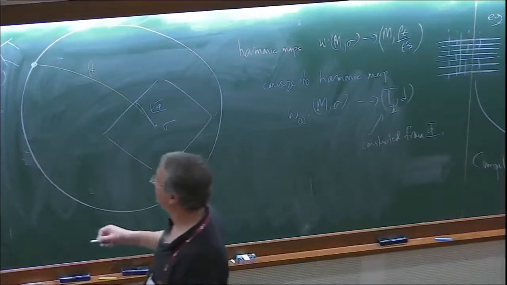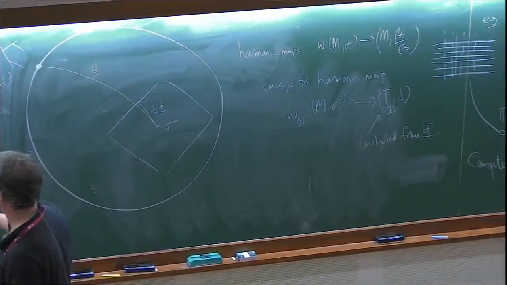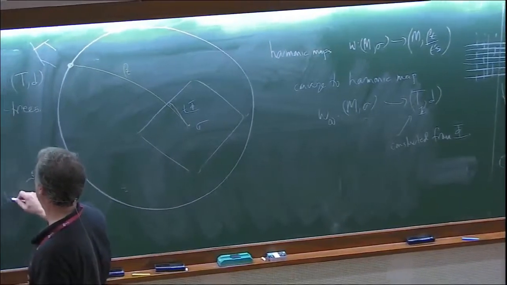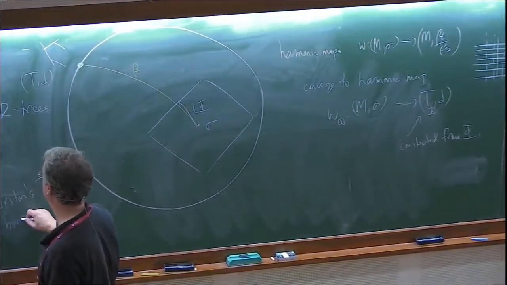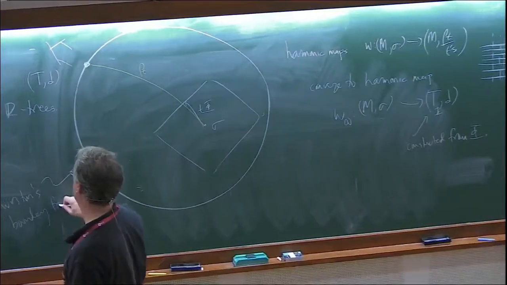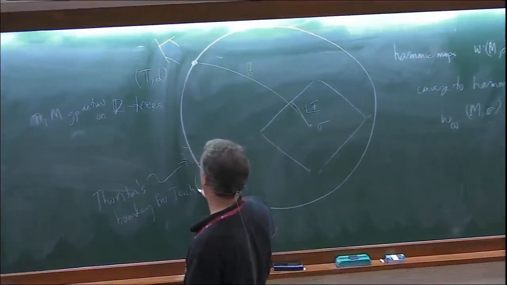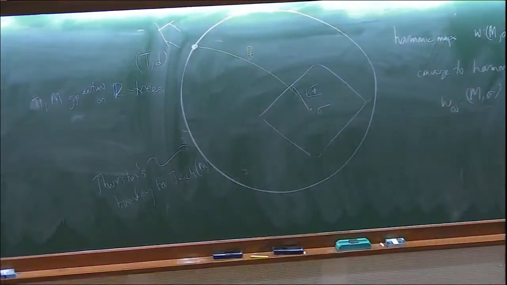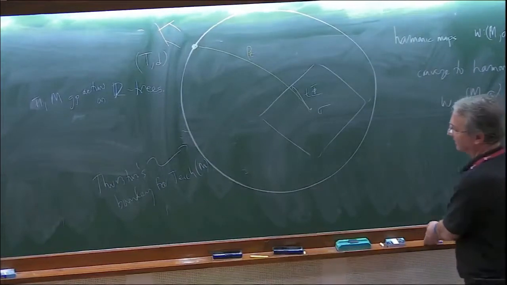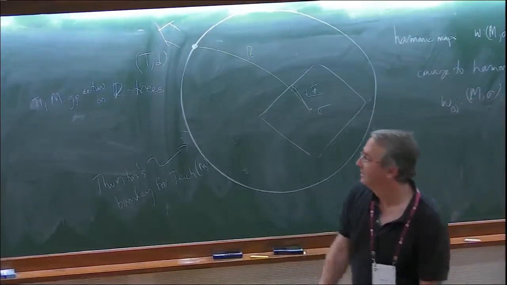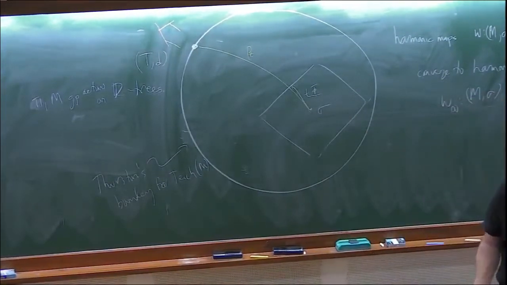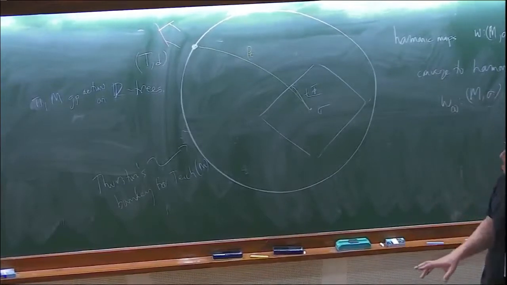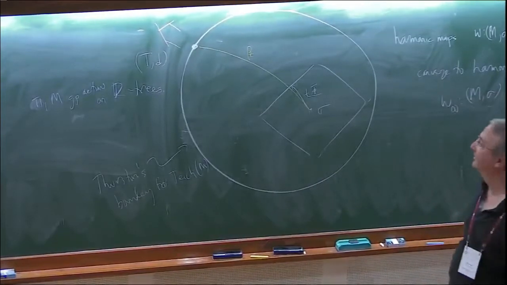So this boundary is what is known as Thurston's boundary for the Teichmuller space. It's quite famous, more than 40 years old. Thurston used it to analyze diffeomorphisms of a surface. There's a very elaborate theory there, and beautiful theory.